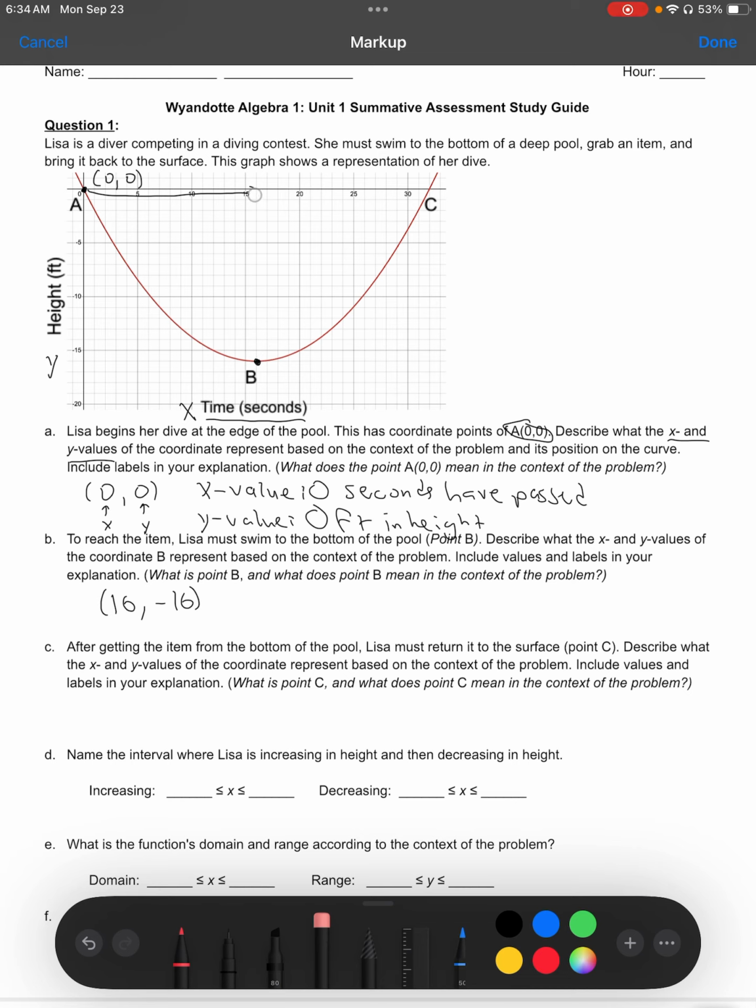What that means in this context is that 16 seconds into her dive, she has gone down 16 feet. Where the x value, again, this 16 is the x value, means that 16 seconds have passed.